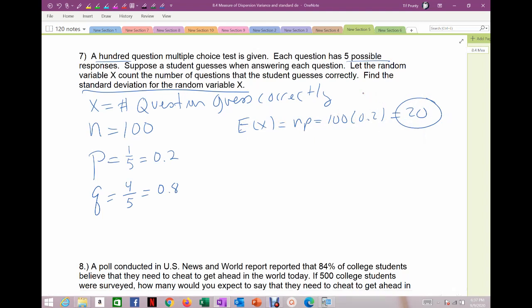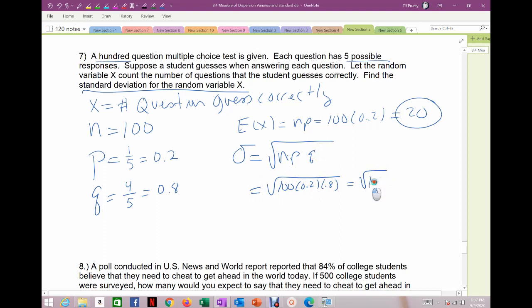How much will we deviate by that? So most people should guess between what values? Well, that's what the standard deviation is. So the standard deviation, which is sigma, the square root of n times p times q, not times another p, which would be in this case 100 times our 20% times our 80%, which comes out, that's 16, so 4.